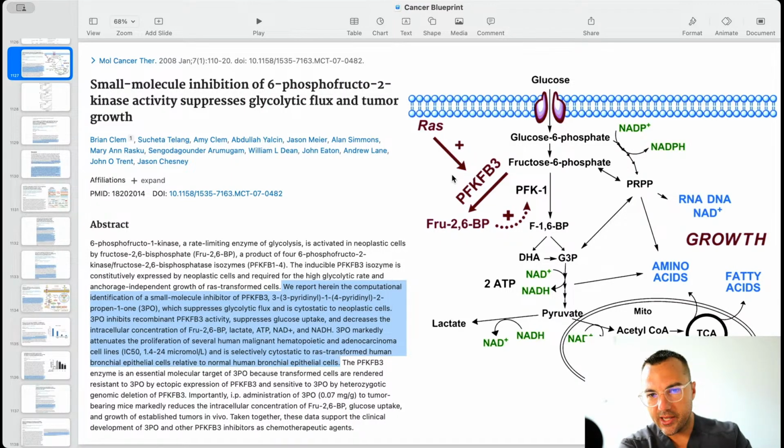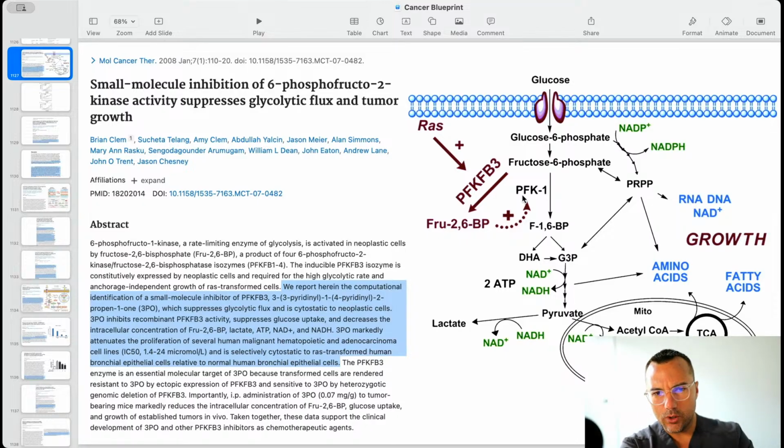So this is the roundabout way of how PFKFB3 is upregulating PFK. Well, PFK here is not specified as to which isoform it is. There are, if I'm not mistaken, three isoforms: liver, platelet, and muscle. And in cancer, it seems like the platelet type is the most dangerous, followed by liver and then muscle.